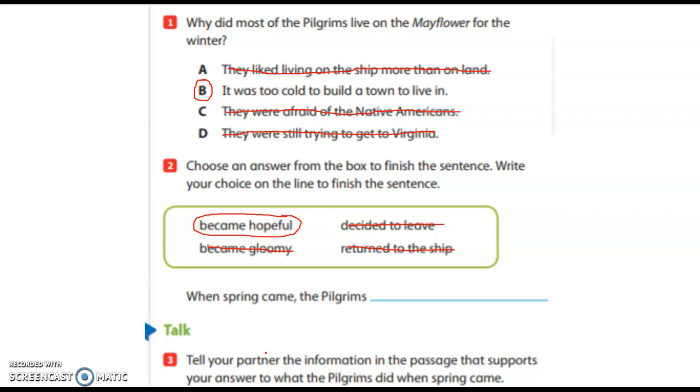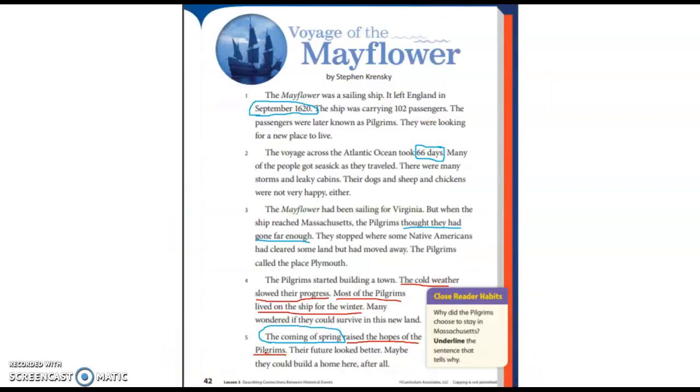Today, you're going to be using Voyage of the Mayflower to do a discussion post, and tomorrow you're going to do a little bit of writing with the Voyage of the Mayflower. So remember, in your discussion posts, it's okay if you record your voice or video yourself answering the question. But in your writing, you want to make sure that you're actually writing tomorrow, because that's an assignment.